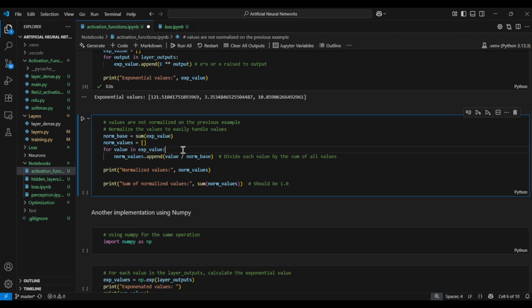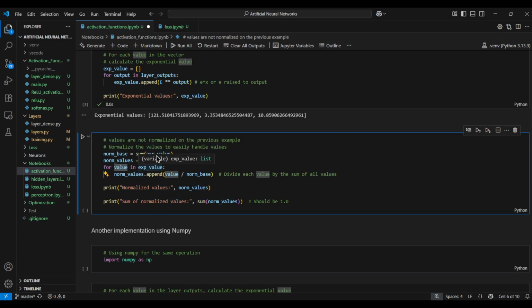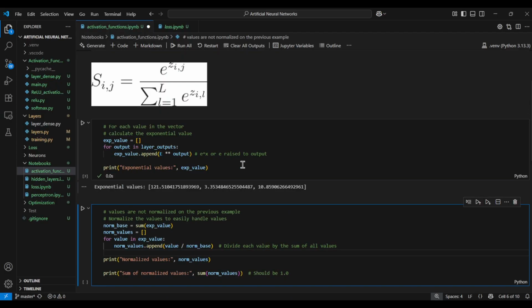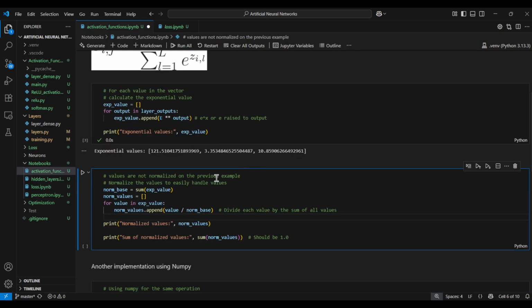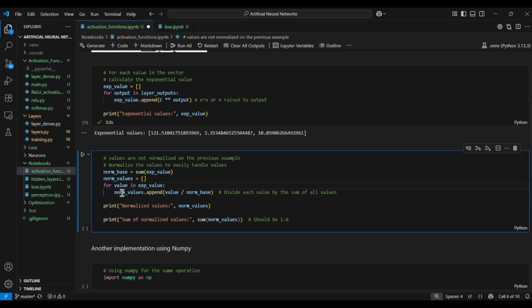Then for each of the exponential values, you divide the value by the normalization base.